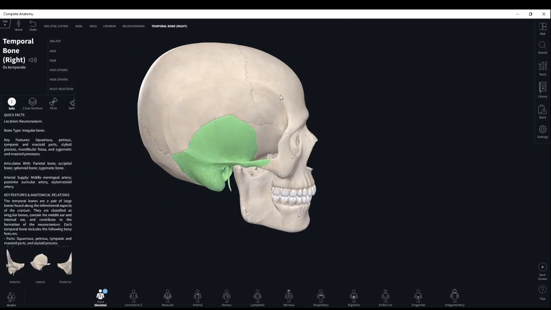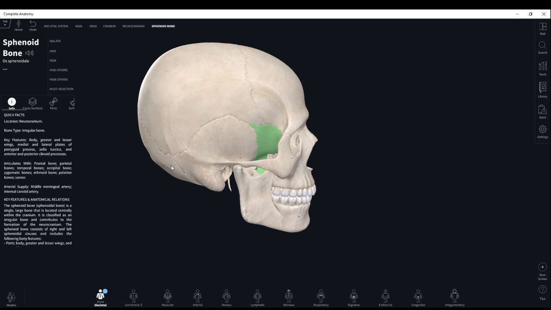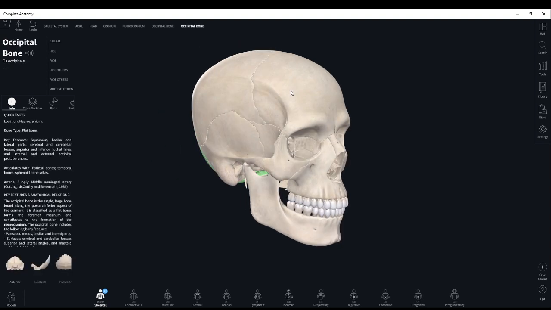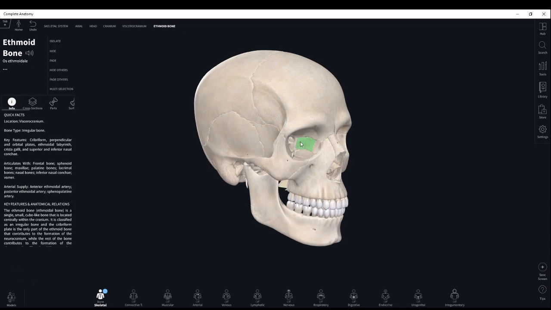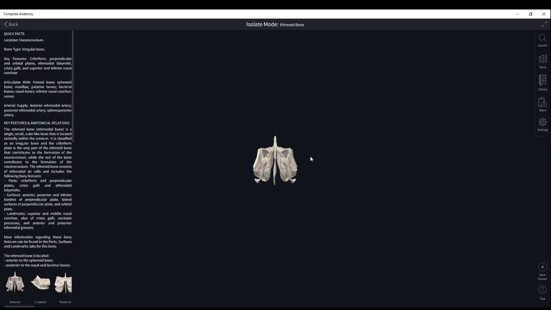Also we have unpaired bones, such as the frontal, sphenoidal, and occipital bones: os frontale, os sphenoidale, os occipitale. Also, one small bone belongs to the neurocranium, which is called the ethmoidal bone.